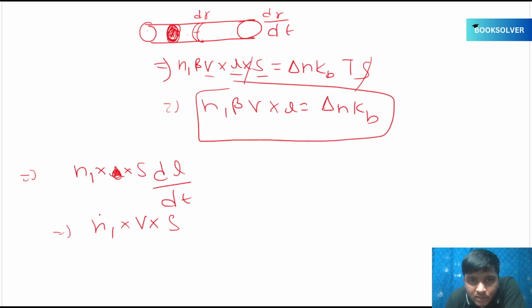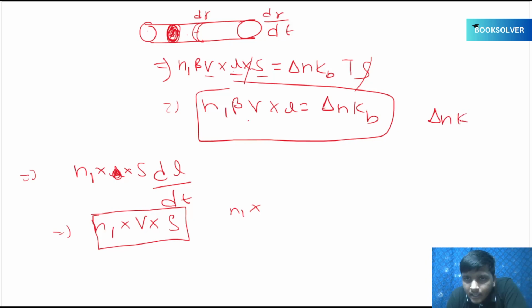So this will be the net number of molecules moving per second. Now we can find V from here and put it in this equation.